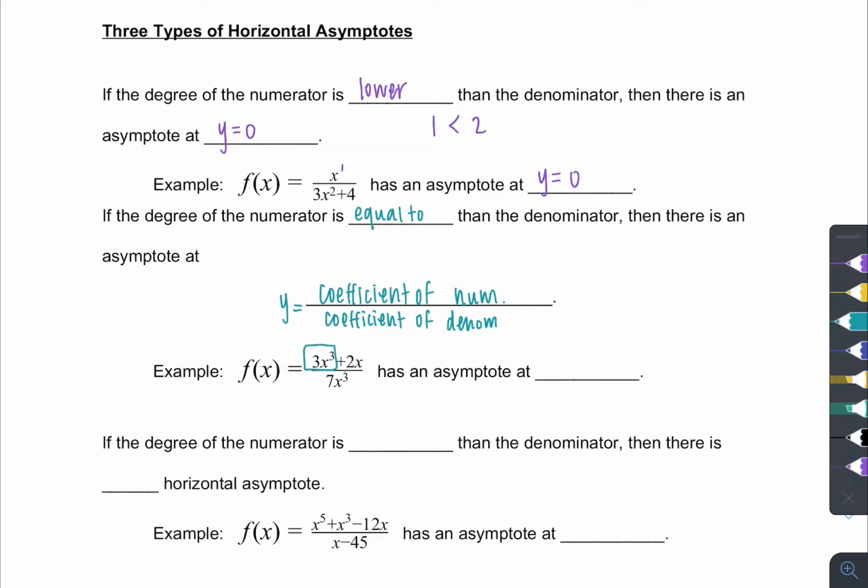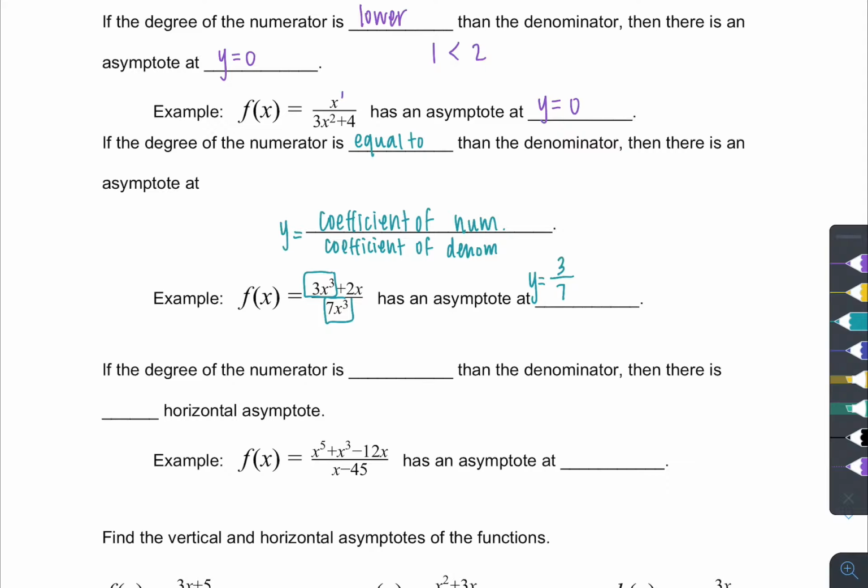So for this one, I have matching degrees. So the coefficient of the numerator is 3, coefficient of the denominator is 7. So y equals 3 over 7 is the asymptote.